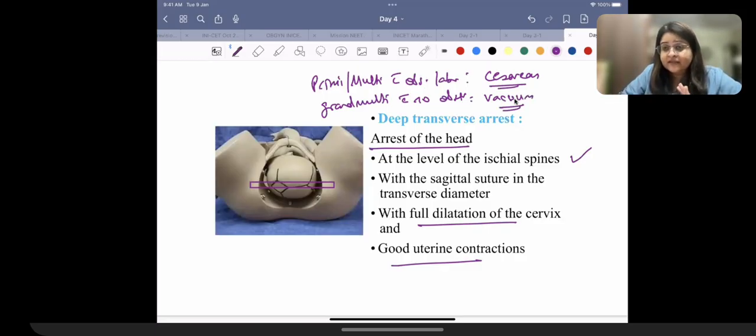Okay. DTA is a sign of obstruction only if the pelvis is abnormal, if it's an android pelvis. But DTA can happen in a grand multi also. What's happening here is rotation is not completing. Why? Because the levator ani is very lax. So the rotation is not happening.